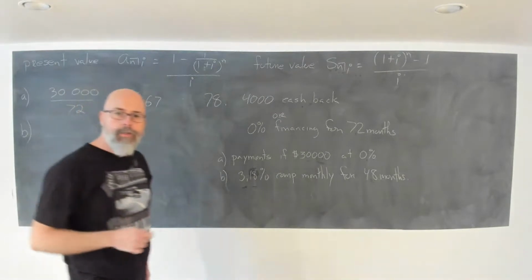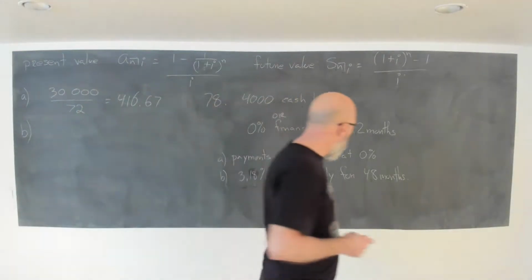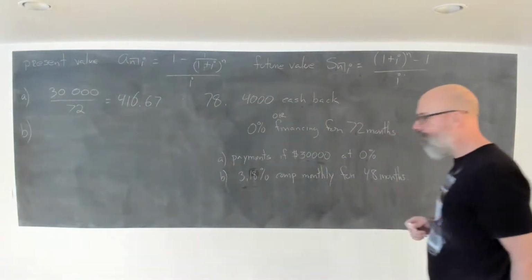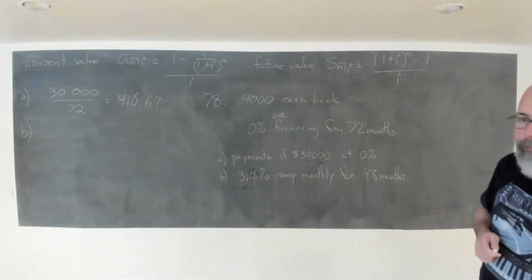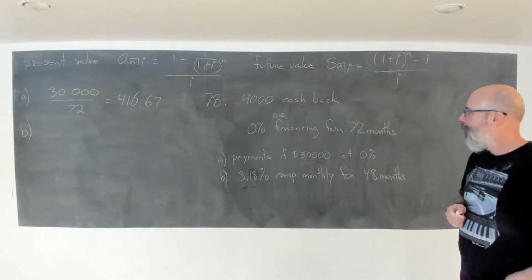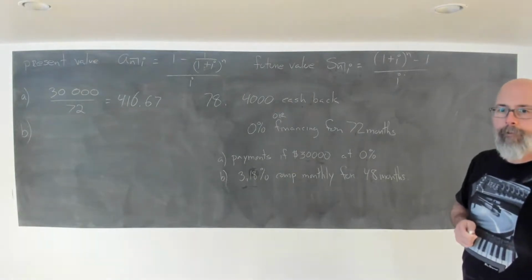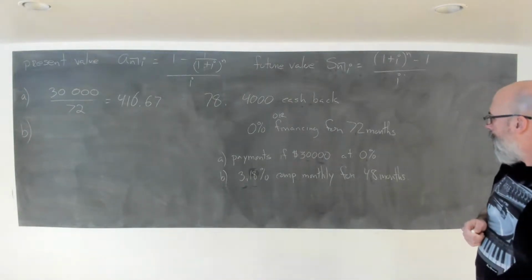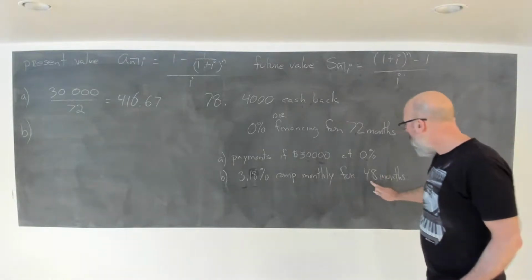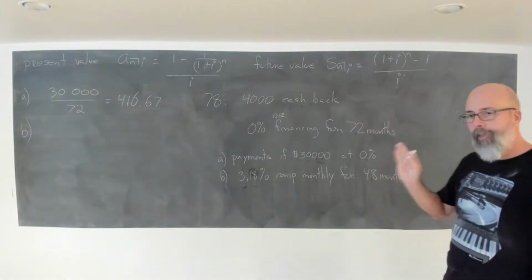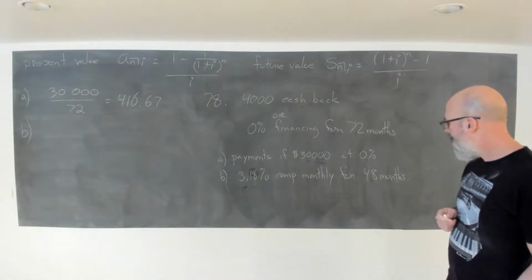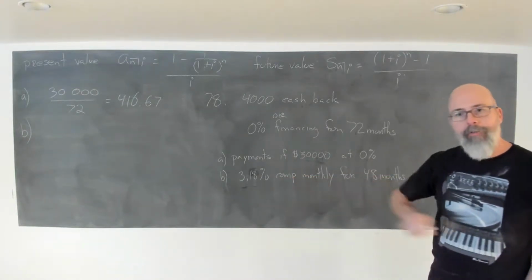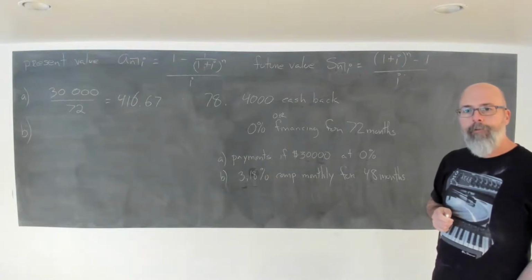Well, first question is, many questions. There are many questions. What are we going to use here? How are we going to work that out? Right, you'll be making 48 monthly payments, so it is an annuity. And present value or future value?